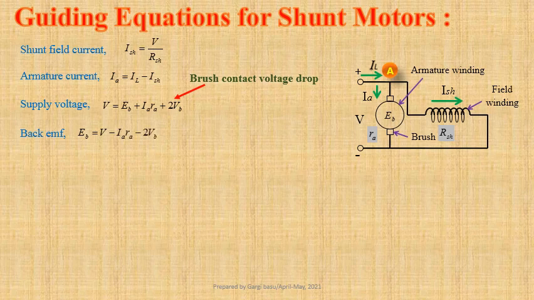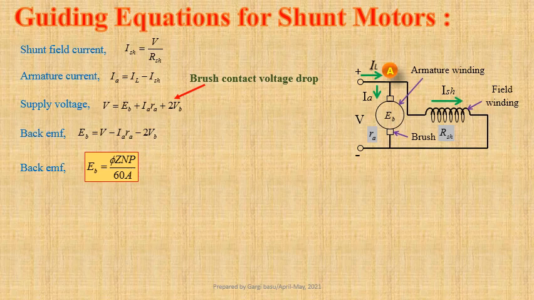When a motor rotates at a speed of N revolutions per minute, we get the expression for back EMF EB equals phi Z N P divided by 60A, where phi is the useful flux per pole, Z is the number of armature conductors, P is the number of poles of the machine, and A is the number of parallel paths of the armature winding.